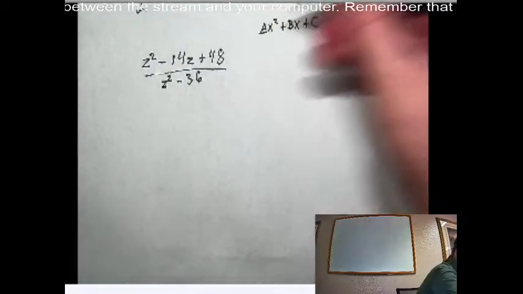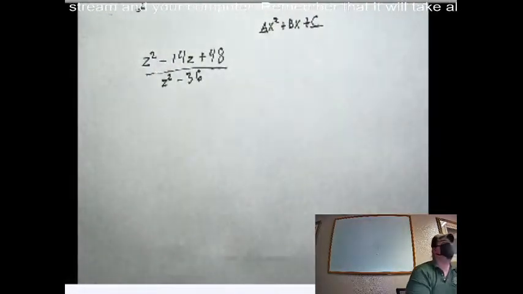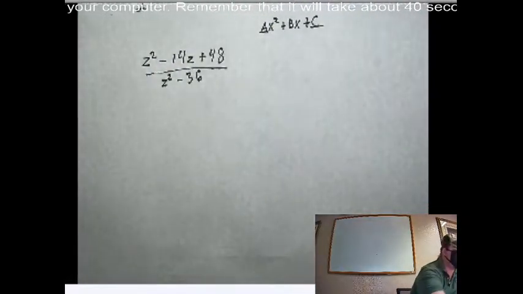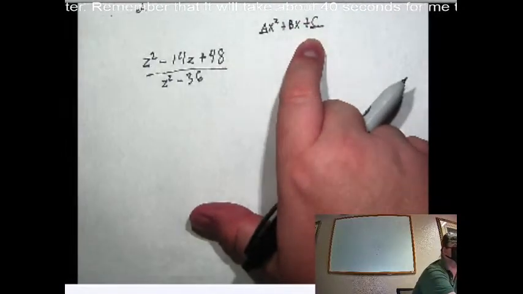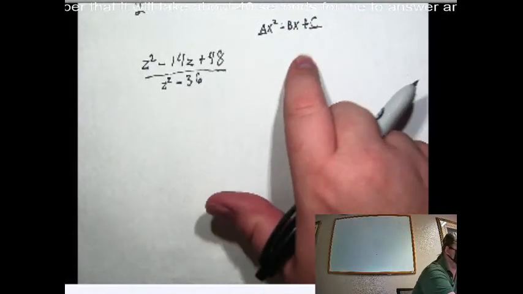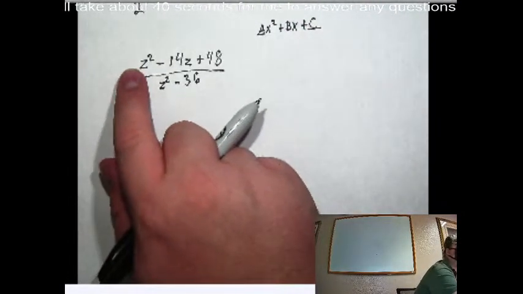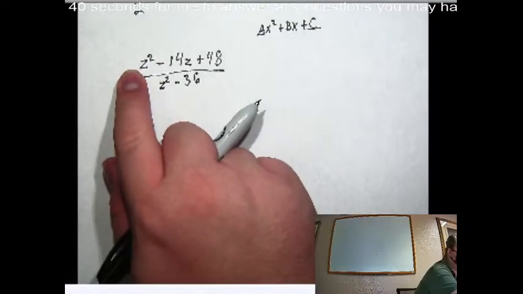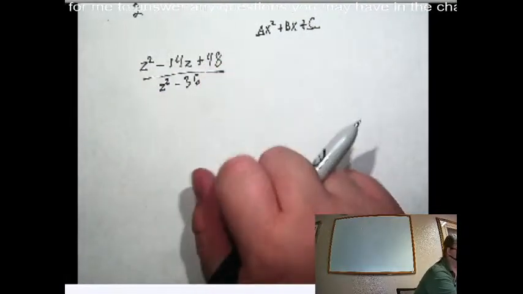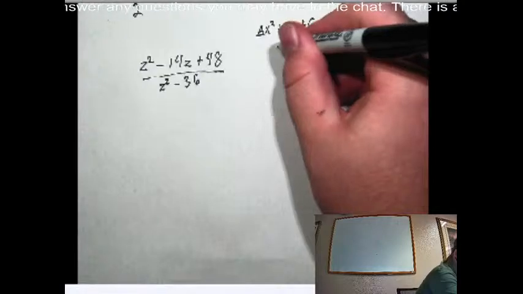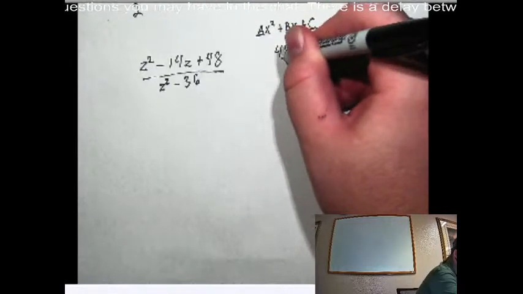AC, excellent, yes, AC method. So the AC method tells us to take our A and our C and multiply them. So what is our A, the number in front of z squared here? 1. And our C? 48. So 1 times 48 is 48.